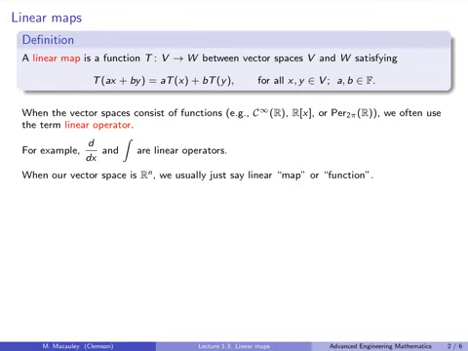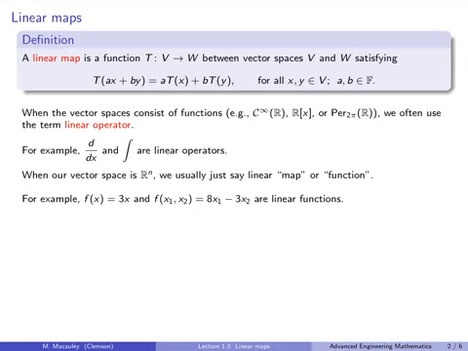When our vector space is Rn, we usually just say linear map or linear function. For example, f(x) = 3x and f(x1, x2) = 8x1 - 3x2 are linear functions because they satisfy this condition.